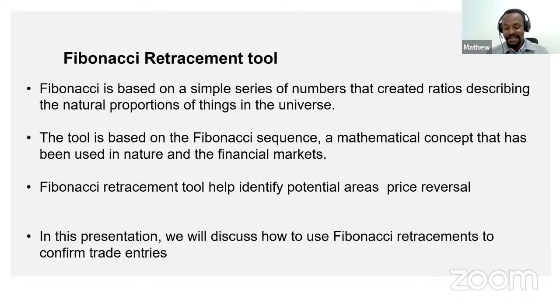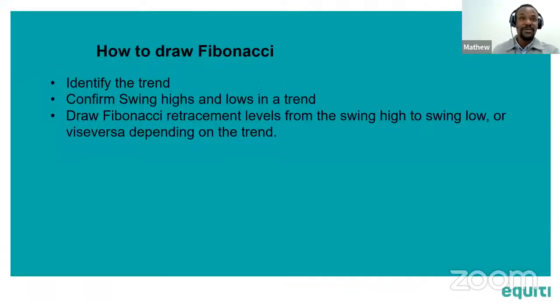It's even argued that if you divide the length of your hands, stretching them from one side to the other, by your height, it can give you Fibonacci retracement numbers. But apart from that, let's look at those numbers and how they can be used in predicting financial market moves.